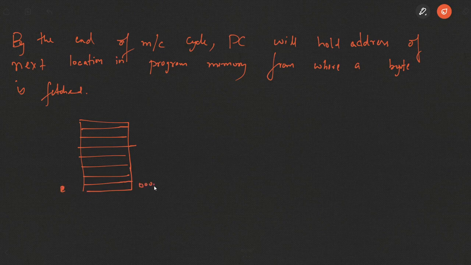So for example 0000 in the PC, and since it's a 16-bit register, in this register it will store the memory location from which we have to start the execution of the program. Fine. And that happens in the T1 state of a machine cycle.